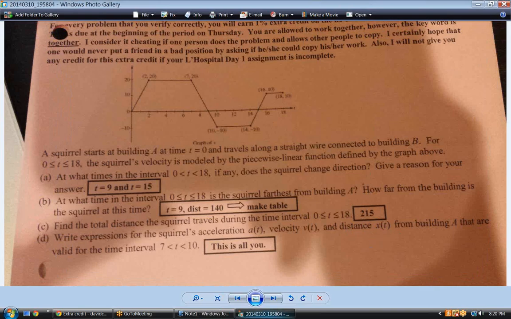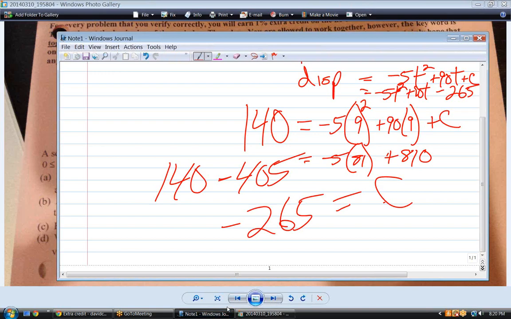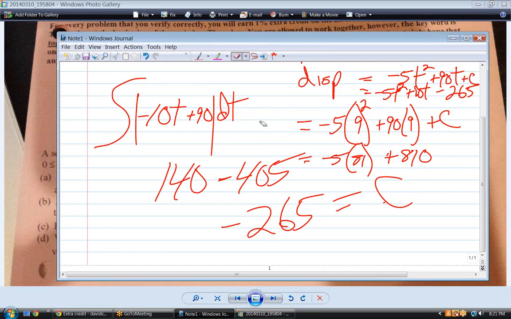Distance. We want the integral of the absolute value. We want the integral of the absolute value of this function, plus 90. And that is distance.